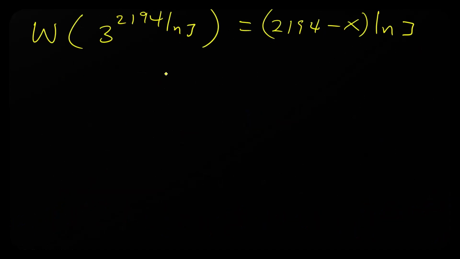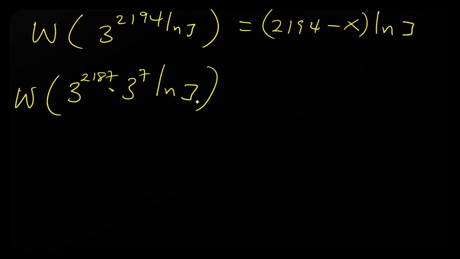So the W function of 3 to the power 2187 times 3 to the power 7. Now let's add 7 to this and see if we can get this. 7 plus that, yeah, you get 2194 ln of 3, which equals 2194 minus x ln of 3.